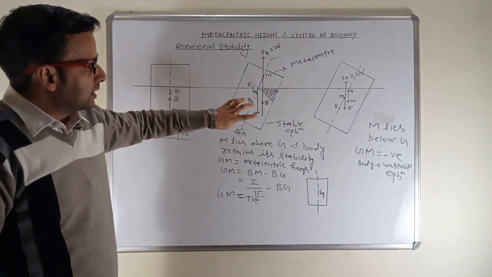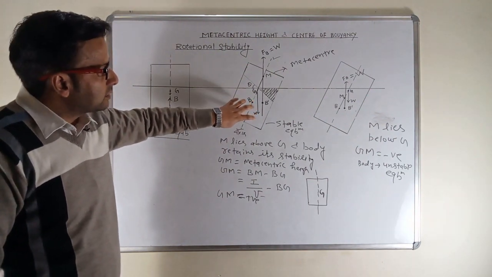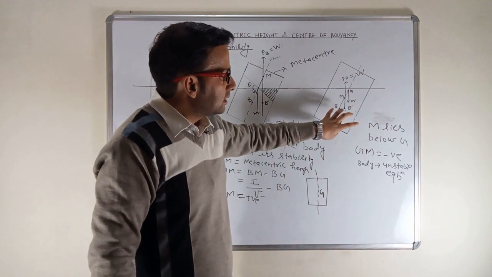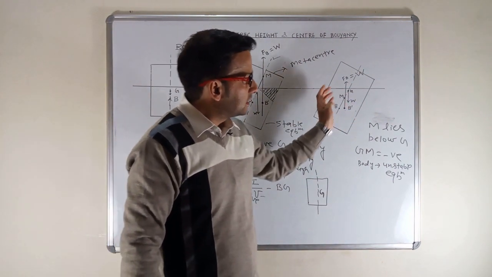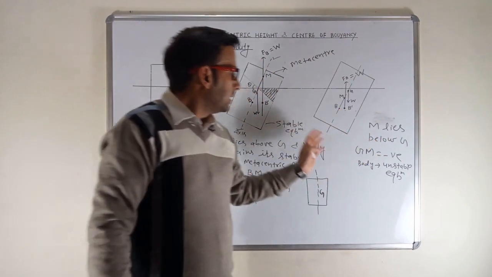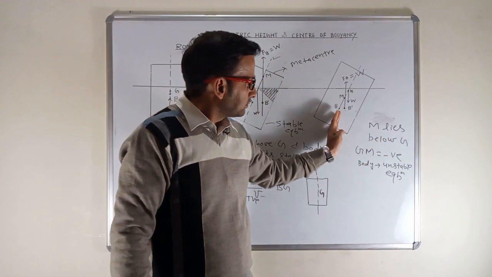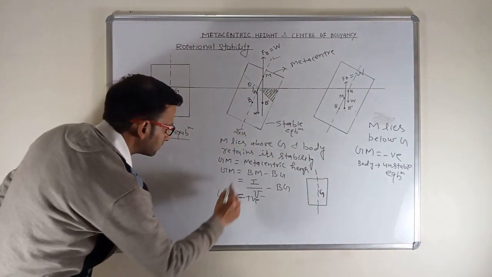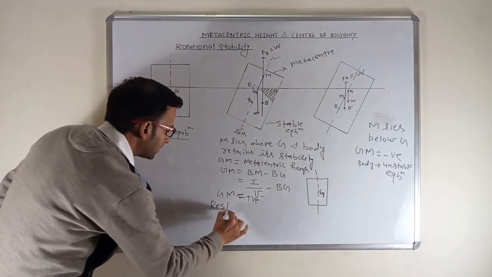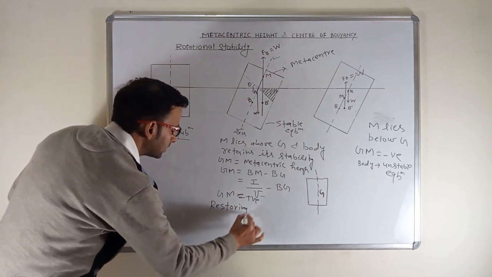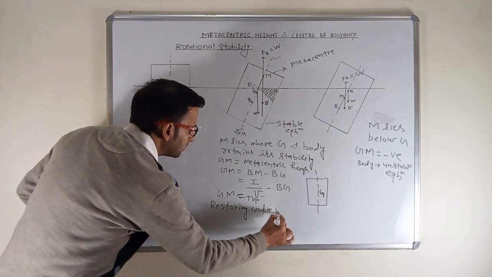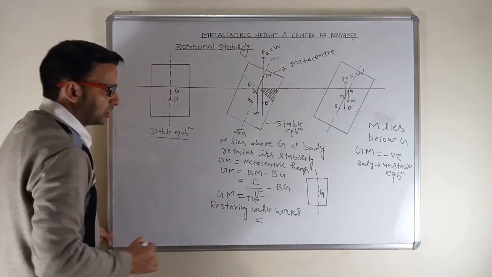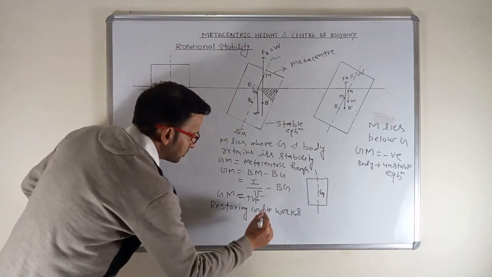Okay, so in the stable case, a restoring couple works, which tries to bring the body back into its original state. In this case, always a restoring couple works. What is a restoring couple? Couple is always force into the distance between the forces.